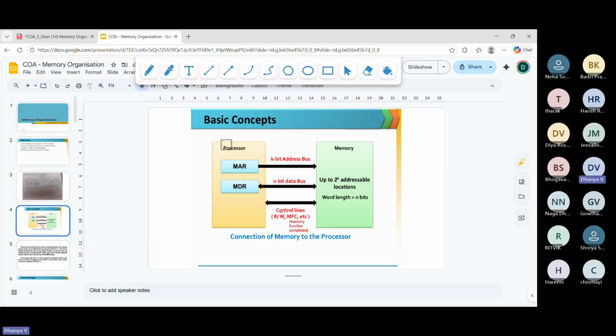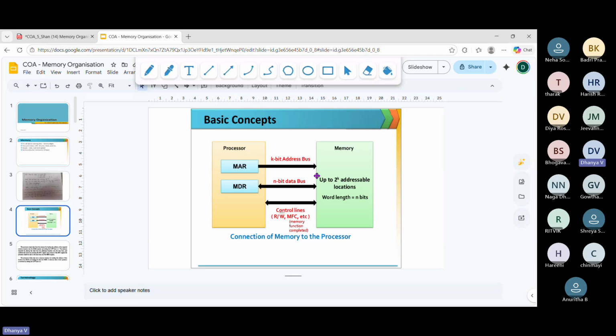Okay, now we'll look into something like this. Usually you have your processor and then your memory. There's the MAR and MDR; we looked into it even before midsems, right? If there are k address lines, that means there are 2^k locations. This we've already learned.